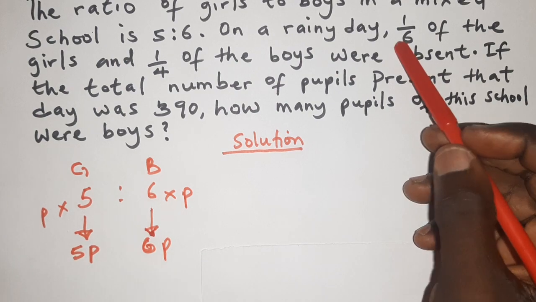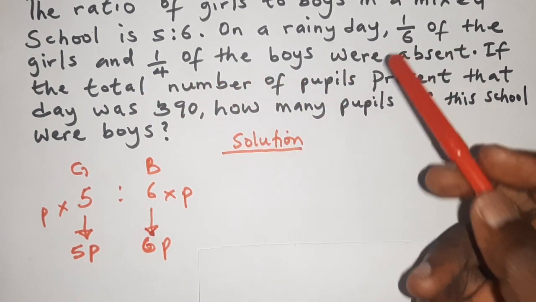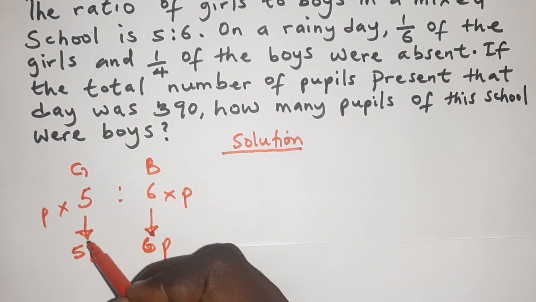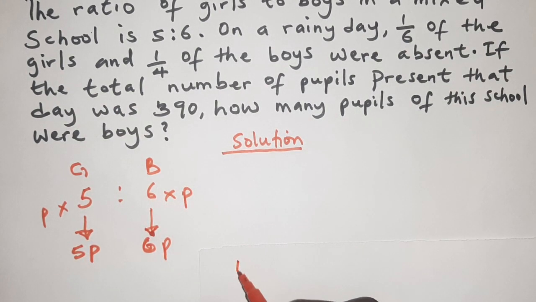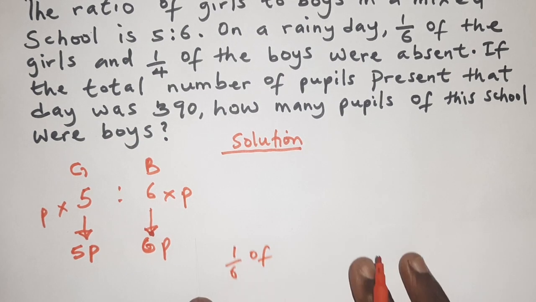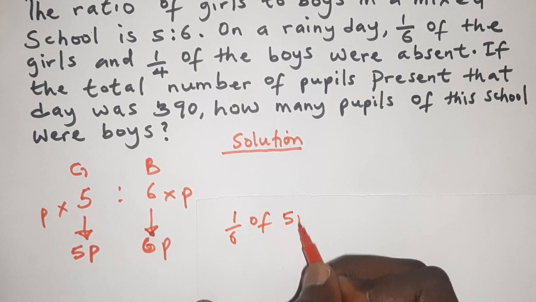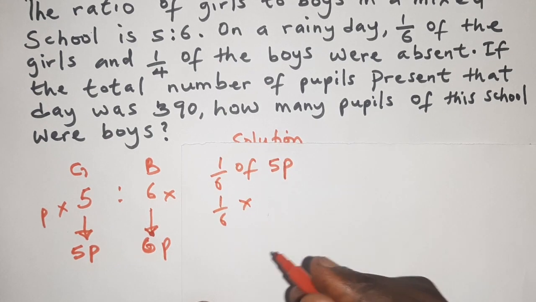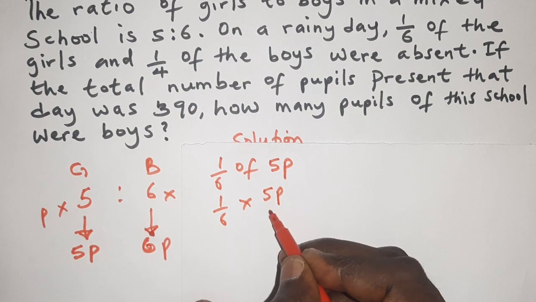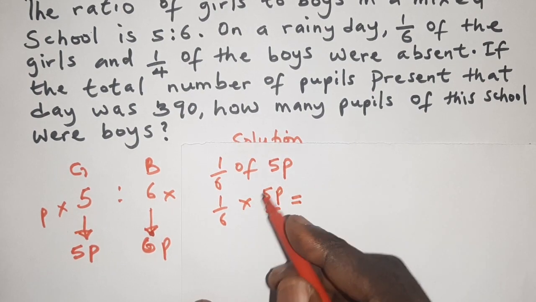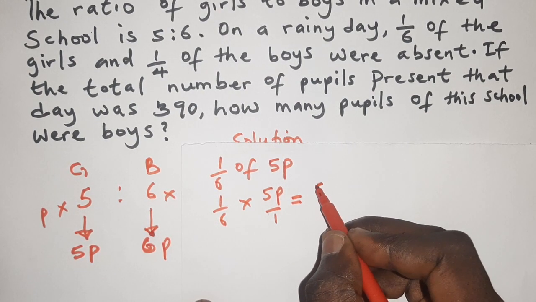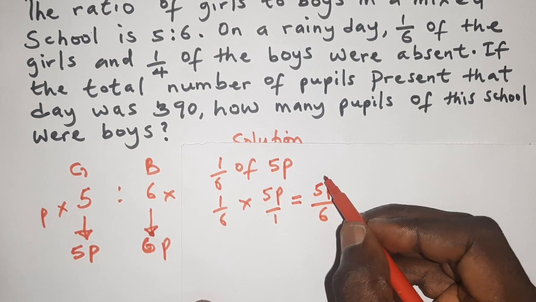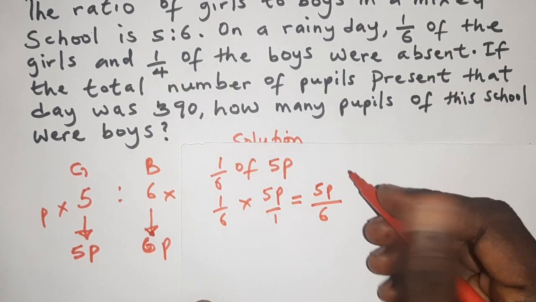The value for the girls here is 5p, so 1 over 6 of 5p is 1 over 6 times 5p. You can put this 1 over 1, and since nothing can cancel out, 1 times 5p is 5p over 6 times 1, which is 6.